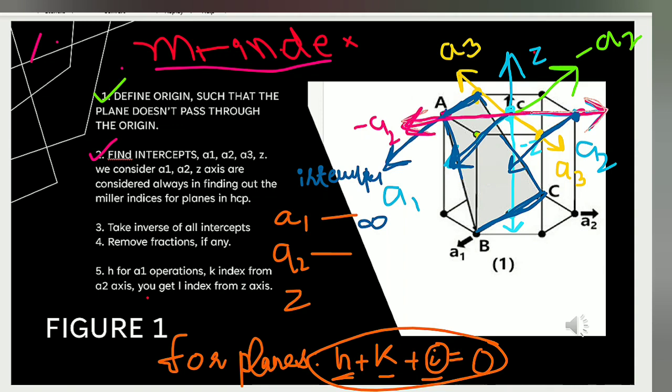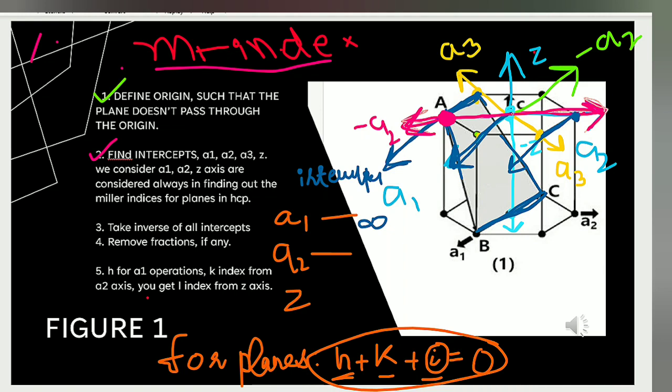This one was negative direction, this is positive direction. We can clearly see the plane is not touching the positive A2 axis, it is actually touching the negative A2 axis. And we can see here this is the negative A2 direction and the plane is touching the negative A2 axis at this point. Okay, and what is this point?